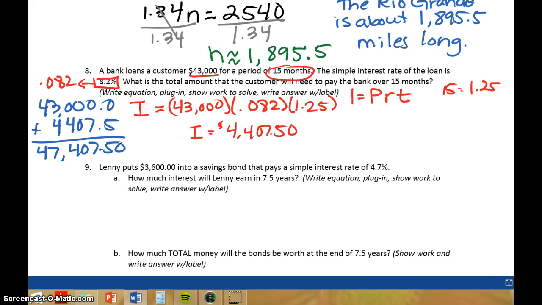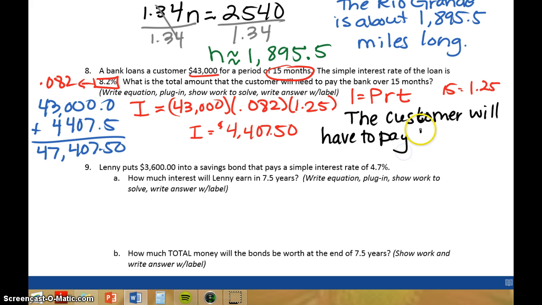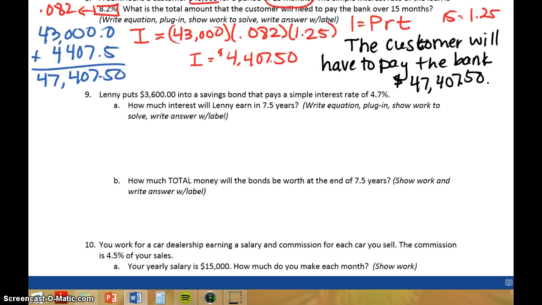So my final answer will be the customer will have to pay the bank $47,407.50. And that's my final answer there. Make sure I restate the question, answer it, and prove it.